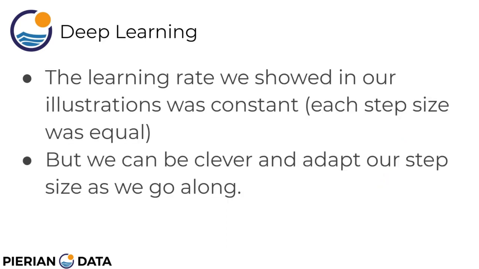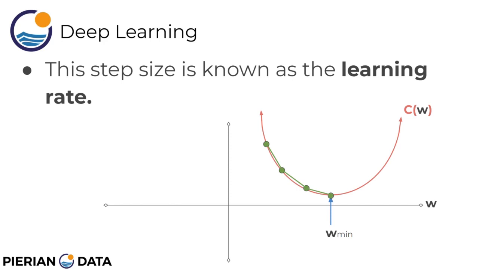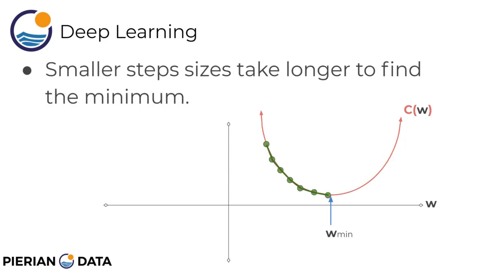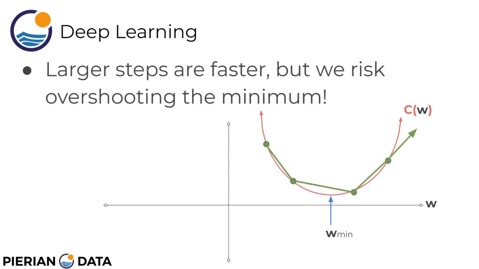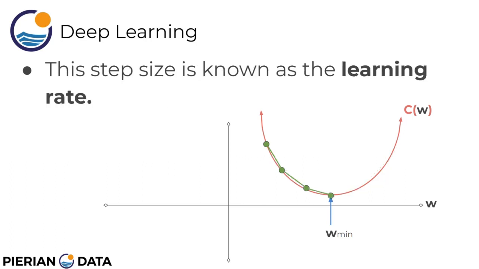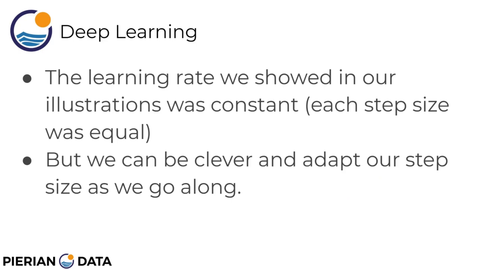Now, in those previous examples, something you should know is that the learning rate was constant. That is to say, each step size was equal. Regardless of which one we're looking at, such as the smaller step sizes or the larger step sizes, the actual step is equal for all of these. Now, we can actually be a little clever and adapt our step size as we go along.